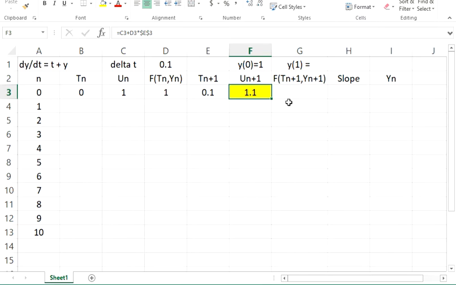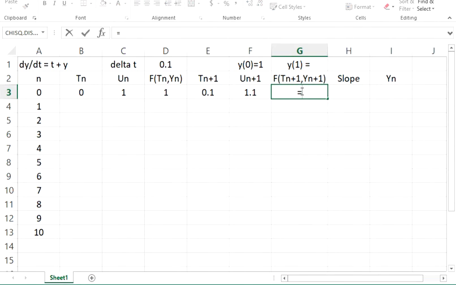But in our improved Euler's, that's not what we're looking for. So I'm going to unhighlight it. What we're looking for is actually the new slope. This slope is equal to t, which is now this t, plus y, which is that new y. So that's the new slope. My first slope was 1.